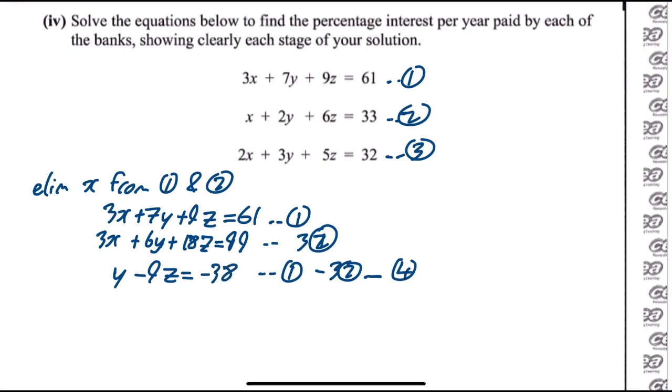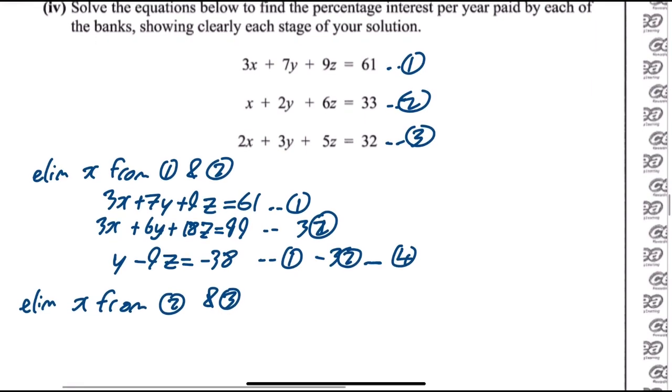So that's going to give me y minus 9z is equal to minus 38. That's my equation 4. I'm also going to eliminate x from equation 2 and equation 3. So first thing I'm going to do, I'm going to multiply my equation 2 by 2 to get the same number of x's in both. So that'll be 2x plus 4y plus 12z is equal to 66.